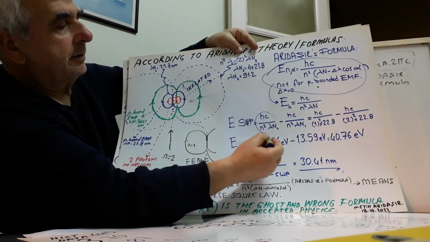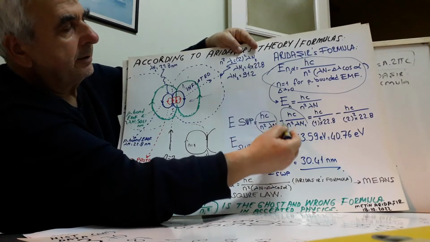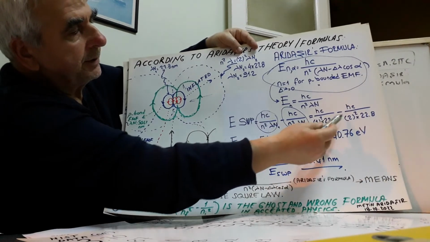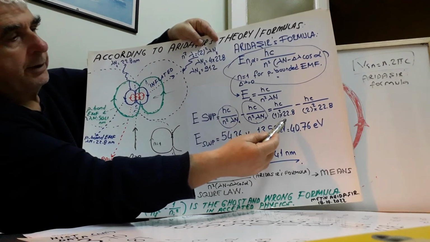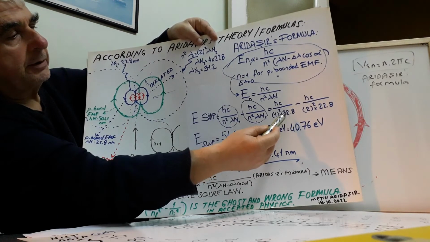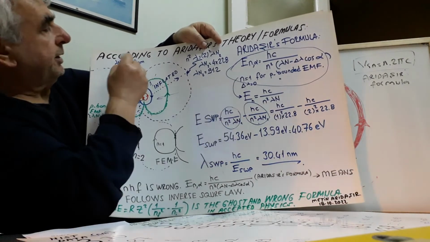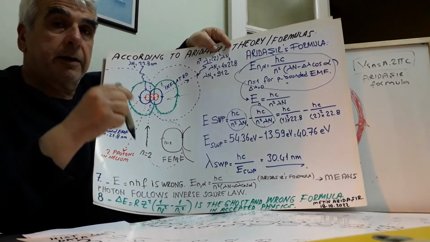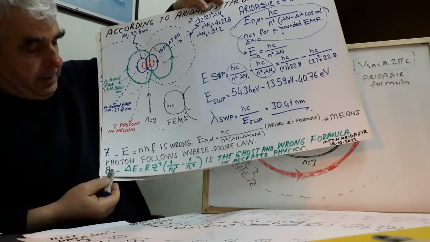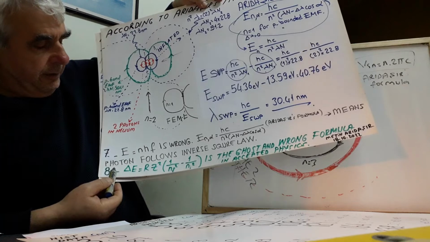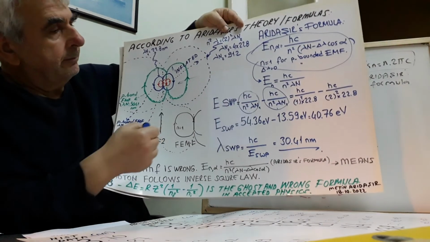From this energy minus this energy is equal to, we use here 22.8 nanometer. Lambda, we use wavelength in here. In accepted physics, they don't use different wavelengths. Okay.